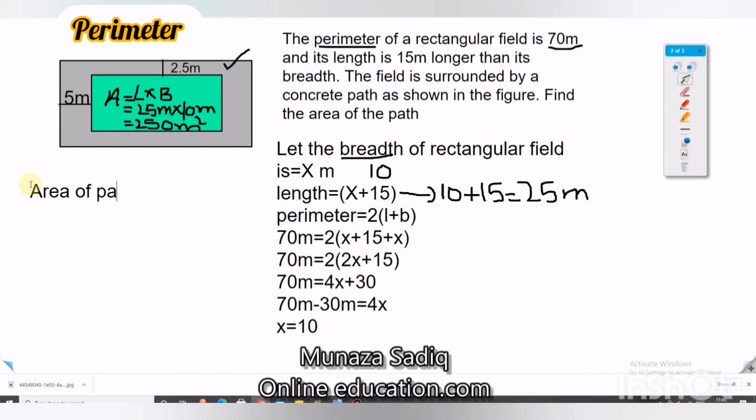Area of path is equal to length multiplied by breadth, and then we will subtract this area from this total area, and this area is 250 square meter.